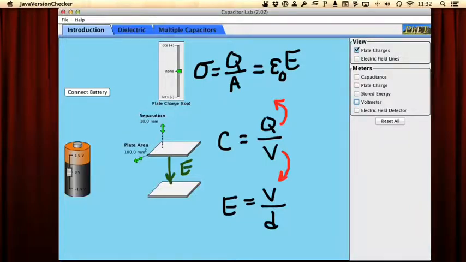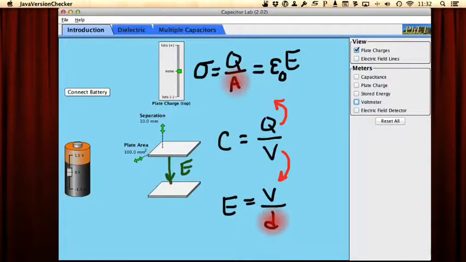And what that does is it brings in area as one of the variables that's going to affect capacitance. Looking at the bottom equation, if you look at the voltage, by changing the distance between the plates, I can have an effect on one of the terms associated with the capacitance.